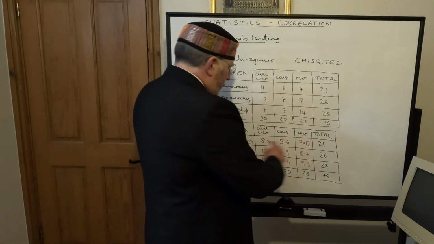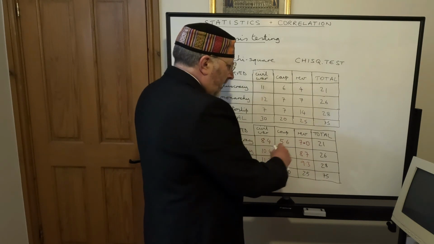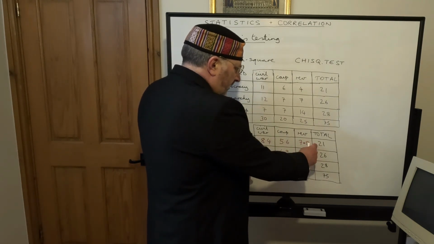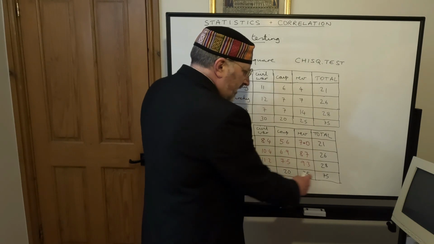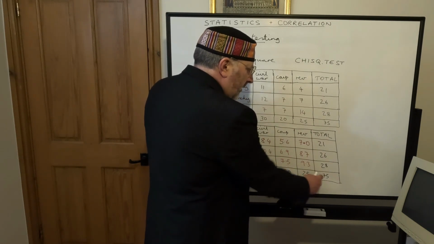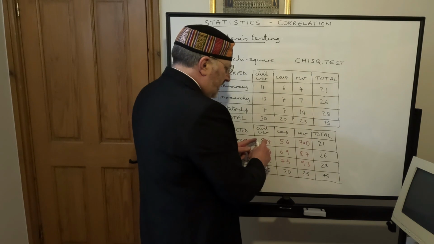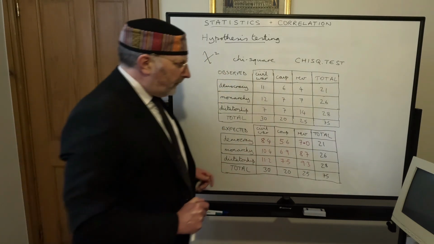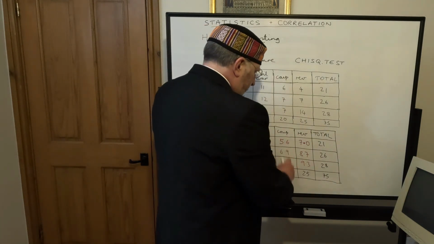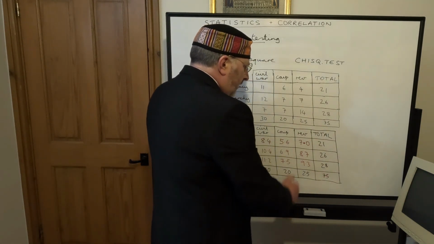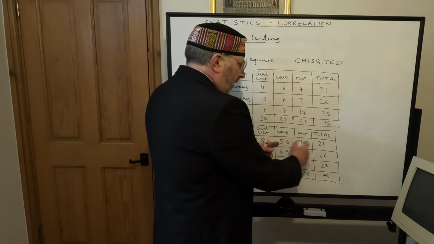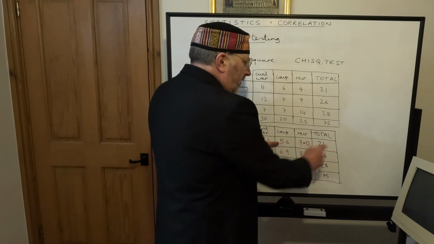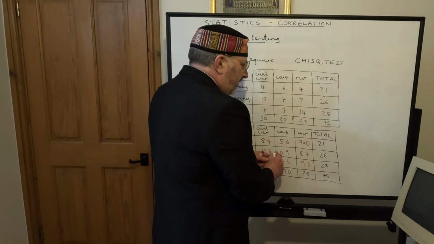So for the democracy, there were 21 events, and we should expect 30 out of 75 of those 21 to be civil wars, which comes to 8.4. And then 20 out of 75 should be coups, which is 20 out of 75 multiplied by 21, and that comes to 5.6.